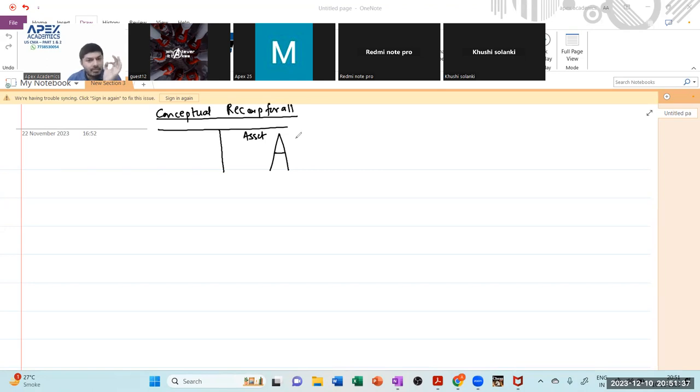These assets comprise of non-current assets, which are your property, plant and equipment, meaning nothing but your fixed assets, your non-current investments, your intangible assets, and goodwill, right?